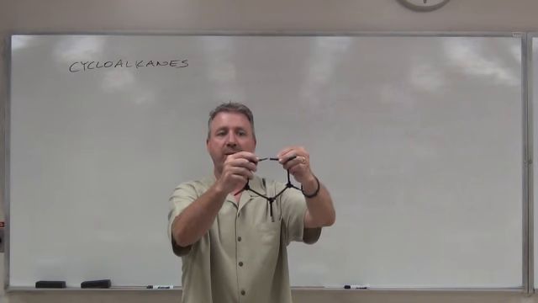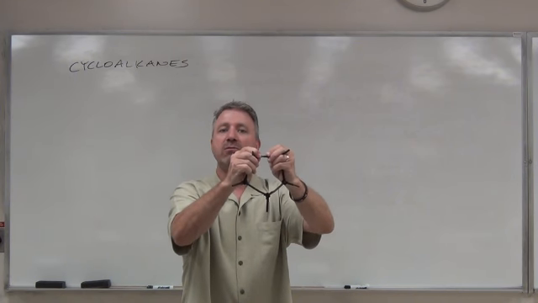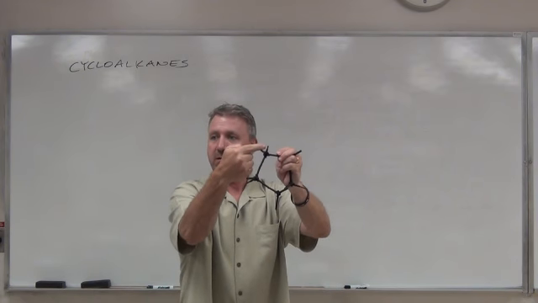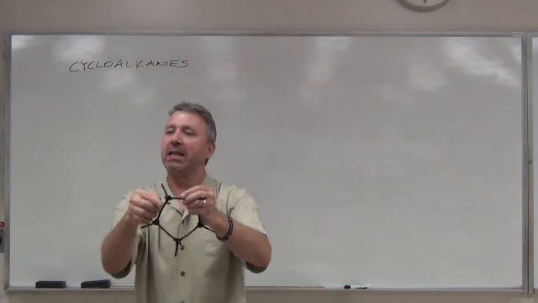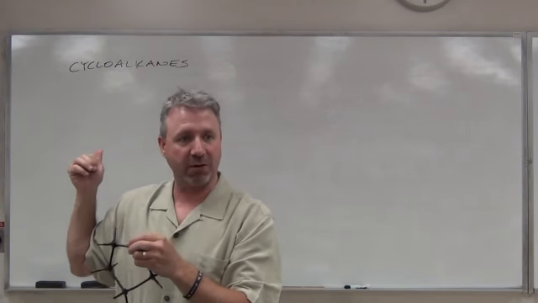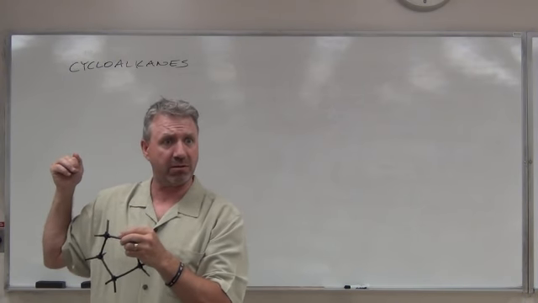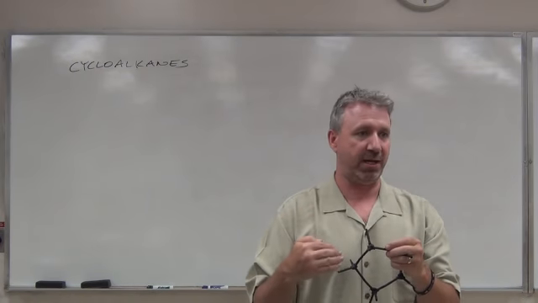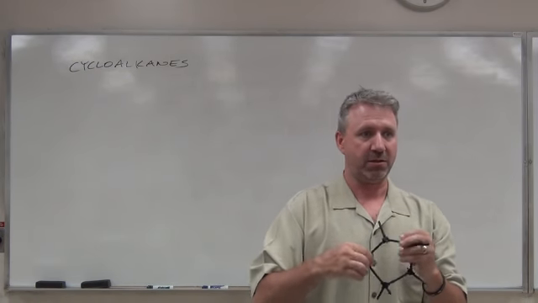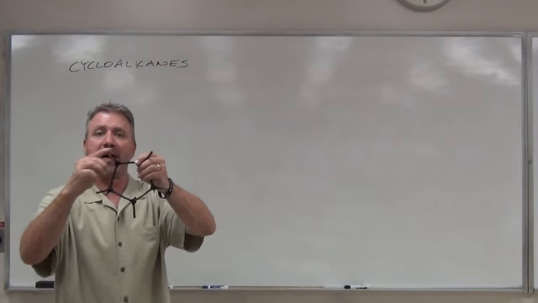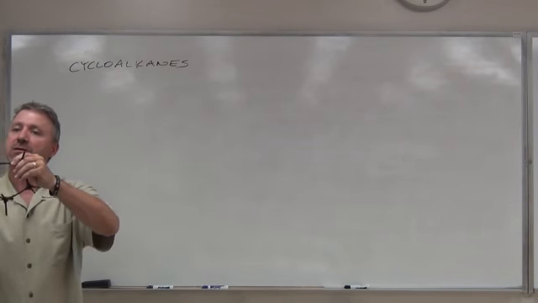But if you create a ring, you lose the CH3 and it becomes a CH2. Anything less than the maximum hydrogens given by the general formula, CnH2n plus 2, for the alkane, is considered an unsaturated hydrocarbon. So rings are unsaturated because they don't have the maximum number of hydrogens on each carbon.